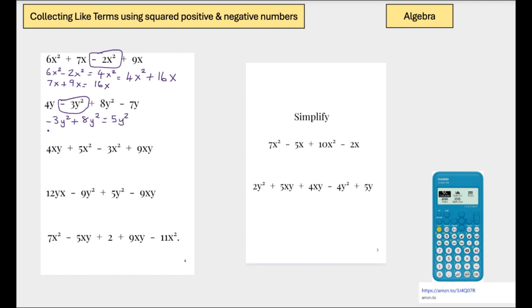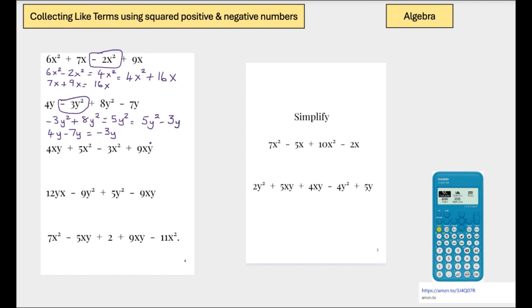Next one is 4y minus 7y, which gives us negative 3y. And we put it all together. We have 5y squared subtract 3y.